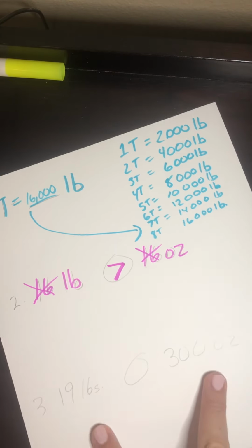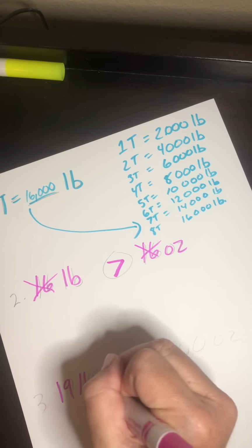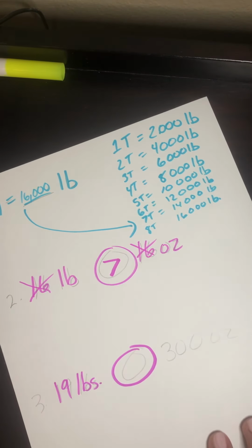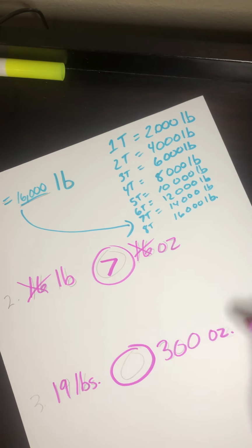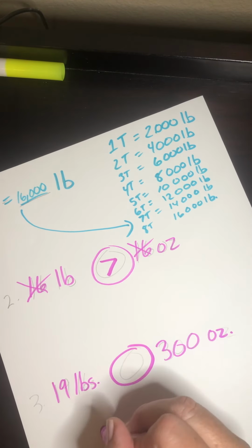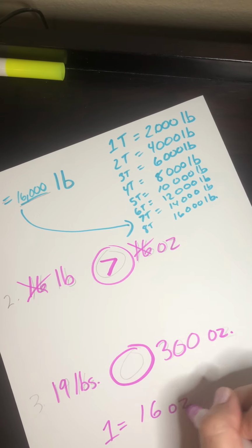The other thing they're going to want you to do on today's homework is here's 19 pounds, and then they'll have the circle, so you'll have to decide greater than, less than, and then say 300 ounces. So then you have to think, okay, how many pounds are in 300 ounces? So 1 pound equals 16 ounces.